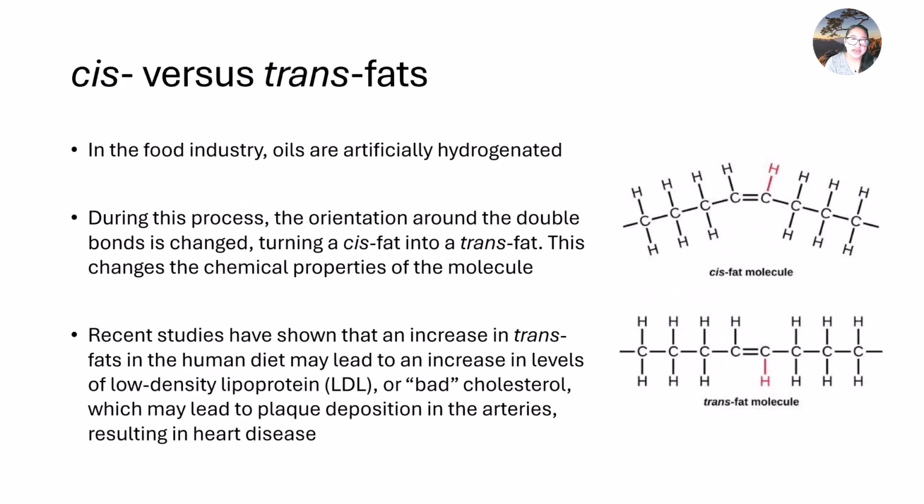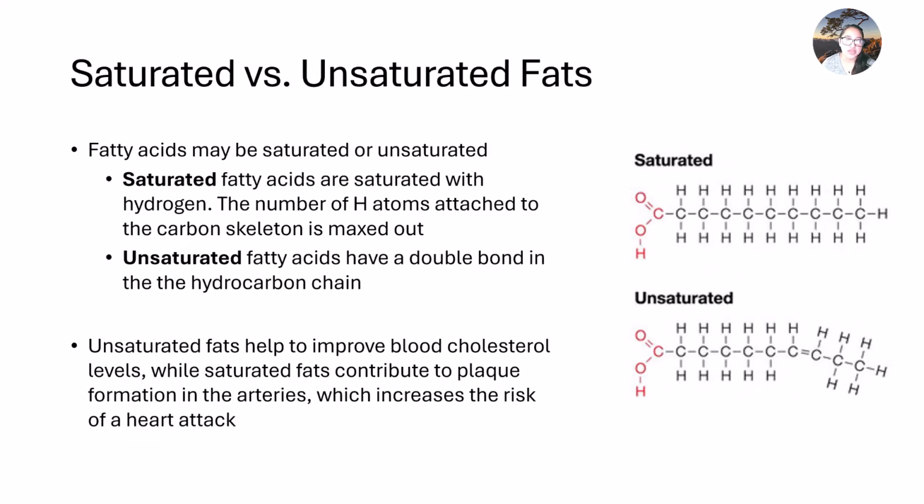Another thing, if you notice on this molecule, there is the double bond in the unsaturated fats, and the hydrogens happen to be on the same side in this molecule. So this is a fatty acid that's unsaturated.